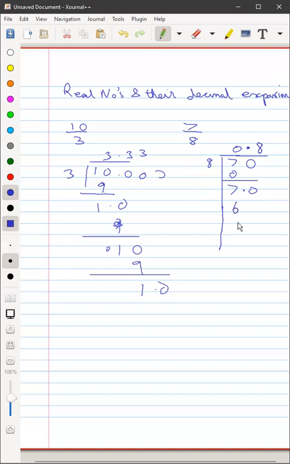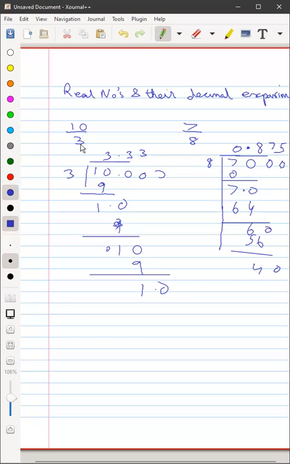Then 6, then again add a 0, then 8. 8 7s are 56. Then again 4, then 8 5s are, right?